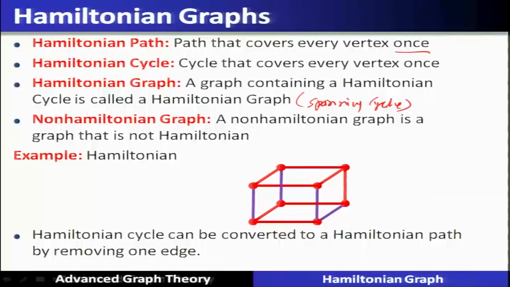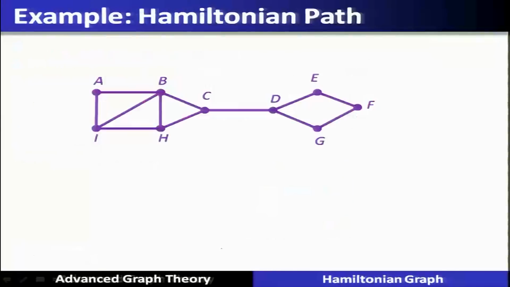An example of a Hamiltonian graph is shown over here. A Hamiltonian cycle can be converted to a Hamiltonian path just by removing one edge from it. Here we can see an example of a Hamiltonian path.